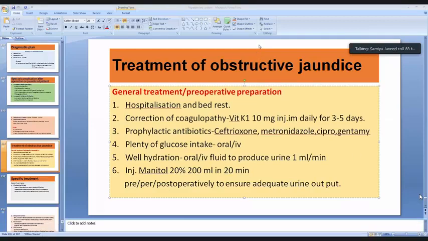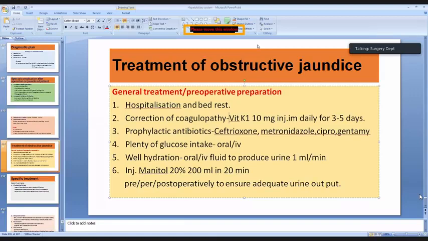Yes, sir. So for preparation of operation in a jaundice patient, we need to take certain steps: correction of coagulopathy by vitamin K1, prophylactic antibiotic, plenty of glucose by mouth or intravenously, well hydration, and use of mannitol preoperatively and perioperatively, sometimes postoperatively, according to degree of jaundice.